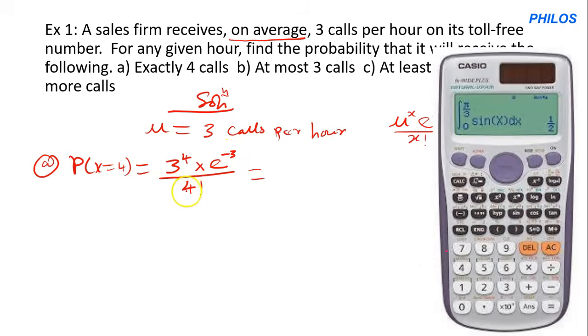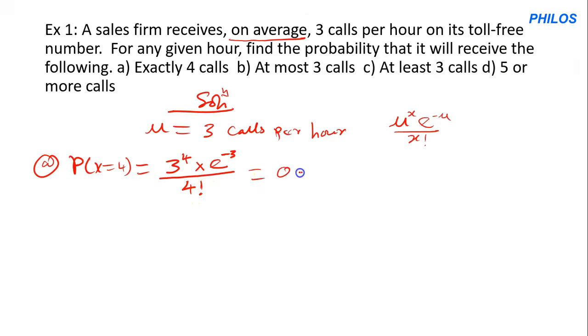Come to the denominator also, and enter 4. Now to get the factorial, click on shift, and then look at the key right under the mode. Click on that key, and you are going to get the factorial. So press equal to, then you get 0.16803. So that is the answer for question A.